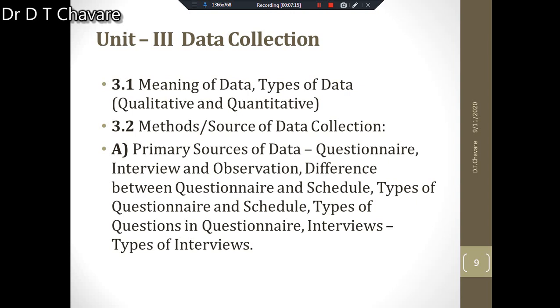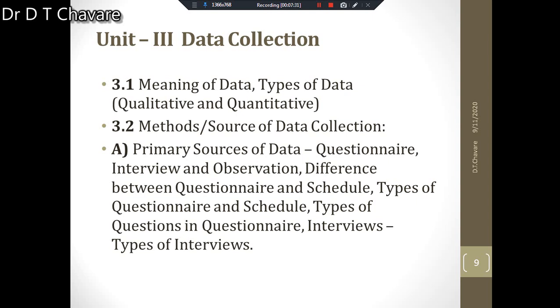Then point number 3.2, that is methods or sources of data collection. What are the different types of methods or different sources of data collection? That is also included there. It includes primary sources of data.